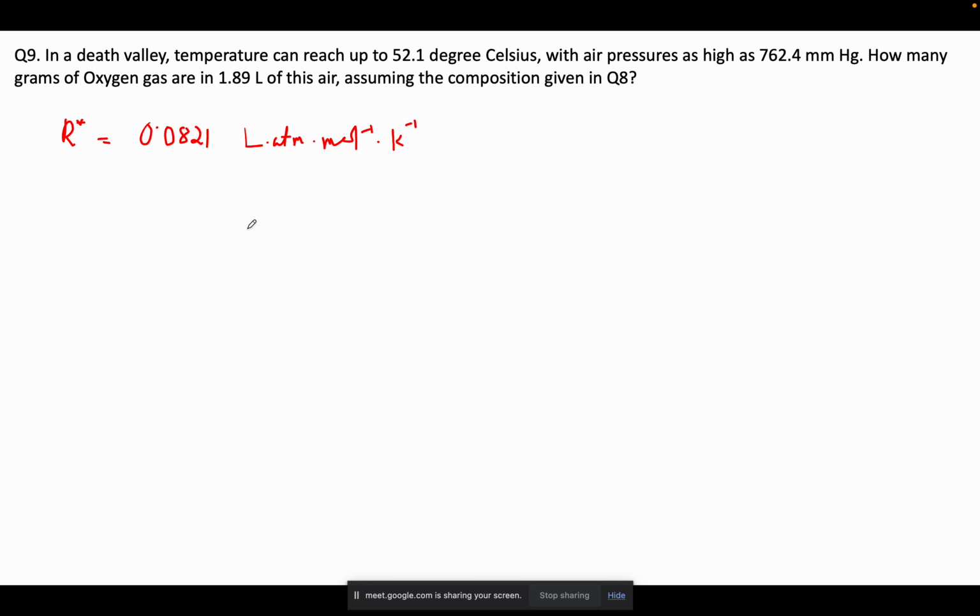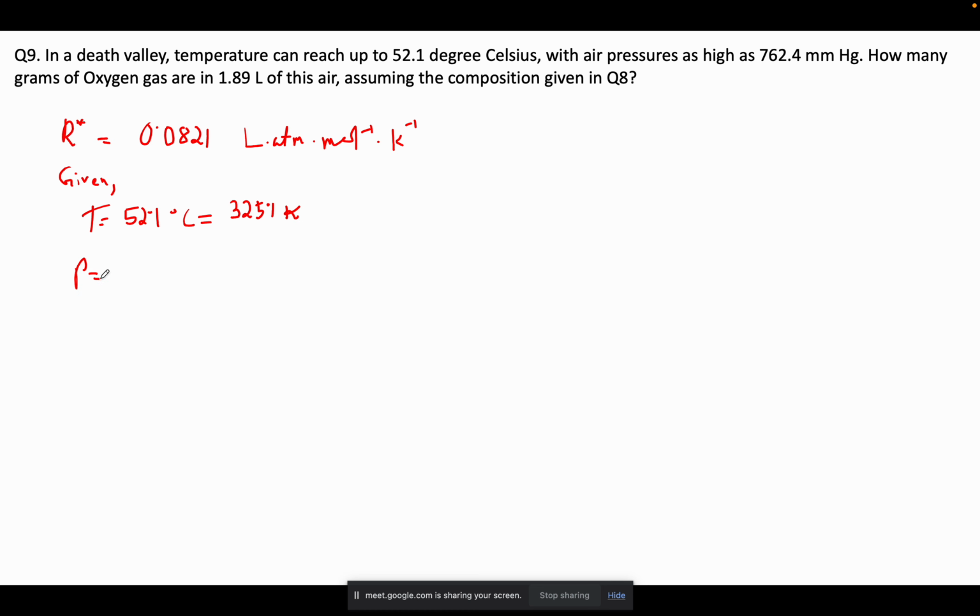Okay, now given T is 52.1 degrees Celsius, which is 325 Kelvin.